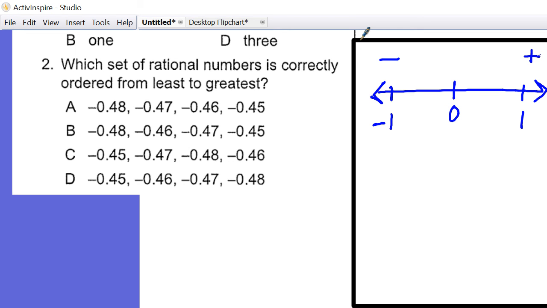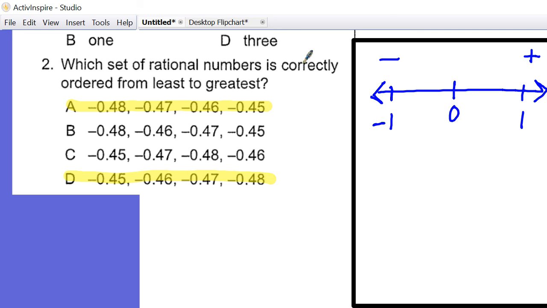So if you think about that, look at the options here. Let's just choose a couple options. Let's just compare like A and D. A looks like they go in order from -0.48, -0.47, -0.46. Let's look down at D. D is exactly the opposite, -0.45, -0.46. So when it comes to negatives, which one's going to be farther past 0?